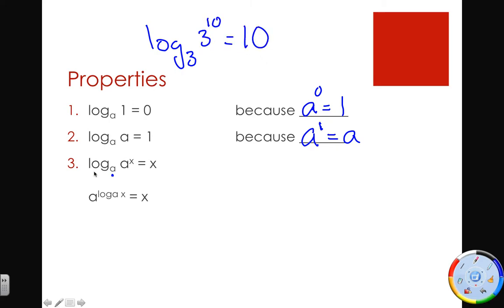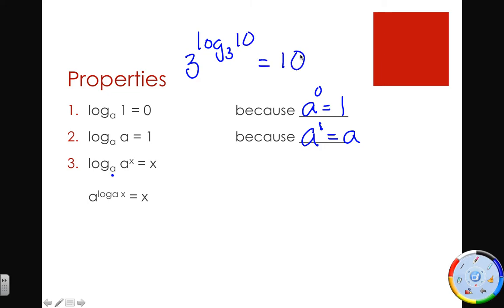Oh, that's 10 because this property tells me I can cancel those 3's. Or in the other version, exponential base A and log base A cancel each other out in the other direction. So if I said 3 to the power of log base 3 of 10 is also equal to 10. So notice the exponential base 3 and the logarithmic base 3, they cancel each other out.